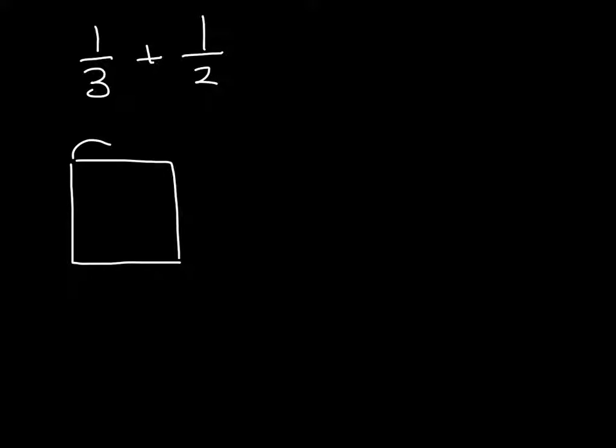Okay, we're going to do it again, and this time we're going to be adding 1/3 plus 1/2. So we're going to draw 2 area models. Make sure that we label them as wholes, 1 whole for each square.